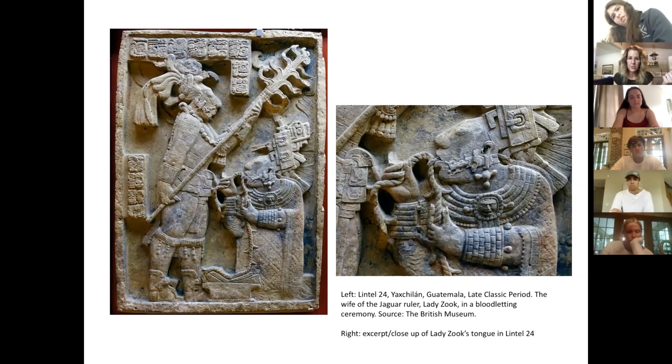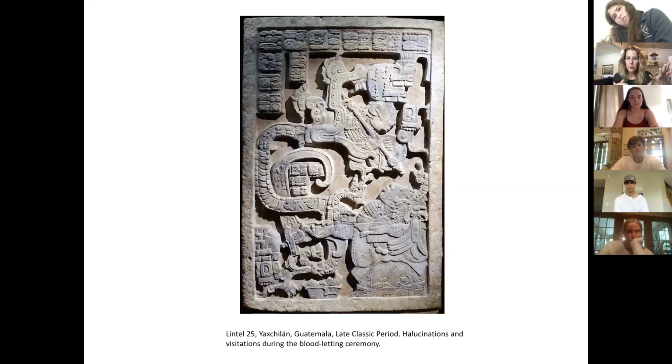So, as mentioned, Bird Jaguar was so proud of this ceremony for a few different reasons. One, it turns out that actually the bloodline for leadership or for this key position belonged to his wife, not to him.